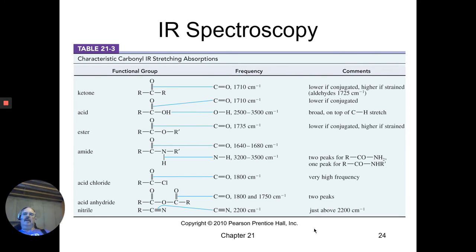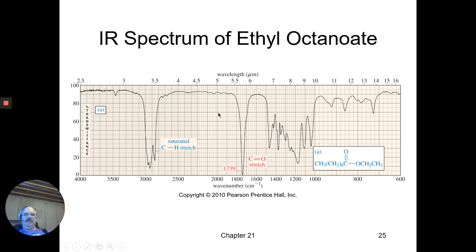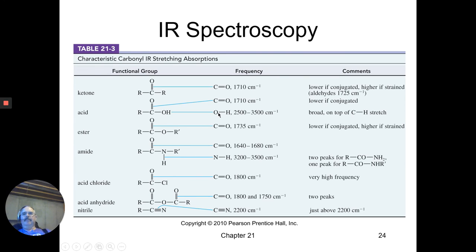Okay, let's look at infrared spectroscopy of carboxylic acid derivatives. Ketones are included just for comparison. You notice they have a similar carbonyl stretch. Both of these will have a lower frequency if the carbonyl is conjugated with a benzene ring or a double bond.